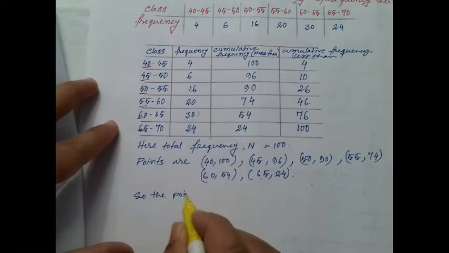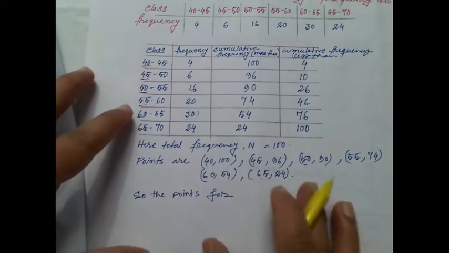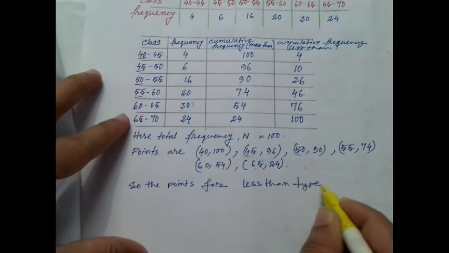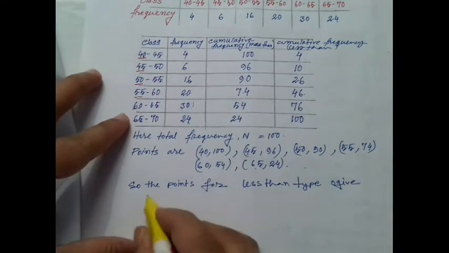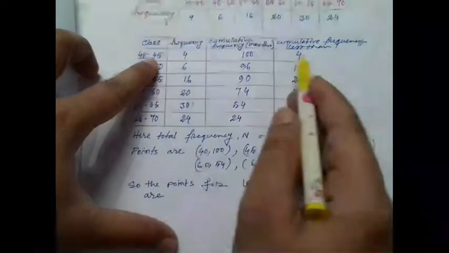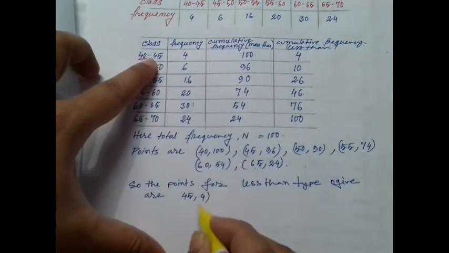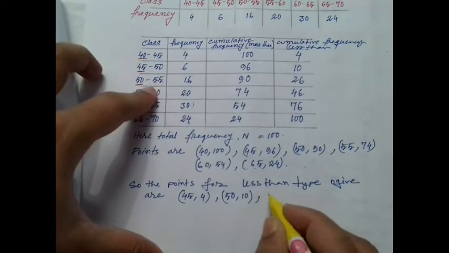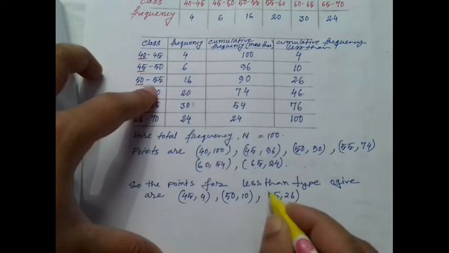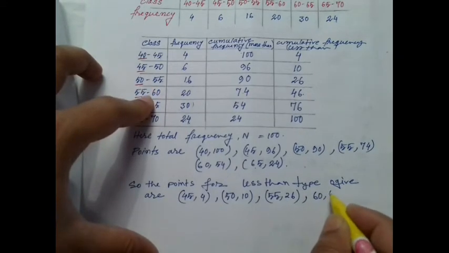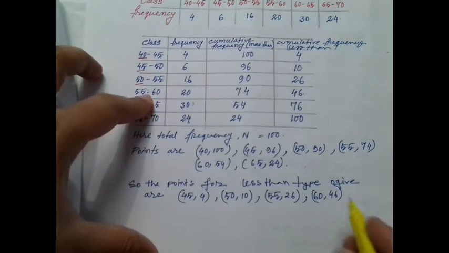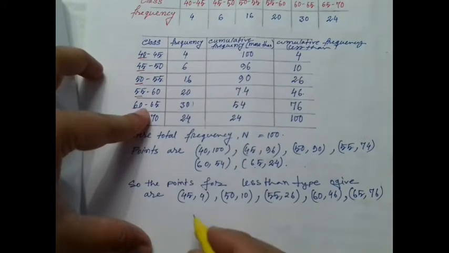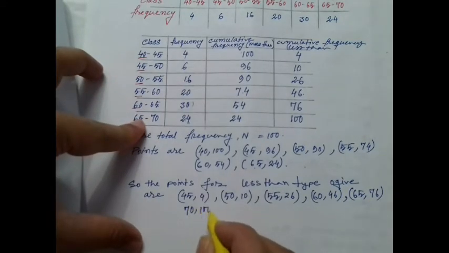So the points for the less than type Ogive are here: 45, 4, then 50, 10, then 55, 26, then 60, 46, then 65, 76, and finally 70, 100.